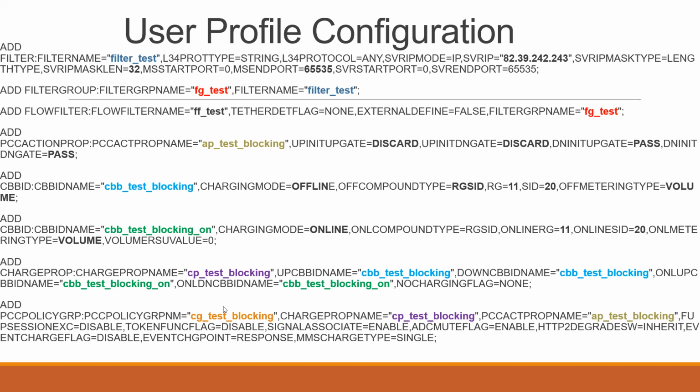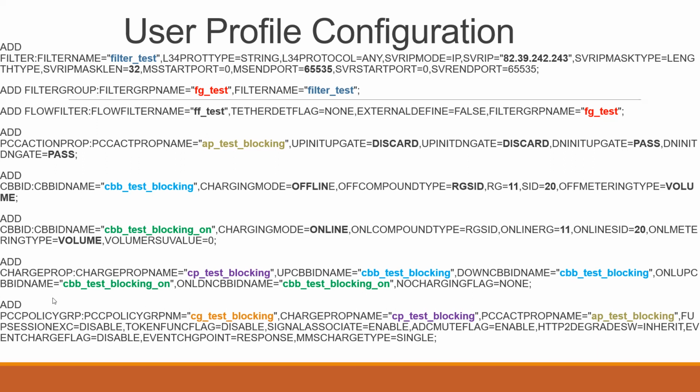Next, we need to combine all of these CVB IDs into one charge property name. My charge property name is something unique, CP underscore test underscore blocking. Here I'm going to add both the offline CVB IDs, the uplink CVB ID and downlink CVB ID, and the online uplink CVB ID and downlink CVB ID, all mapped onto this single charge property.